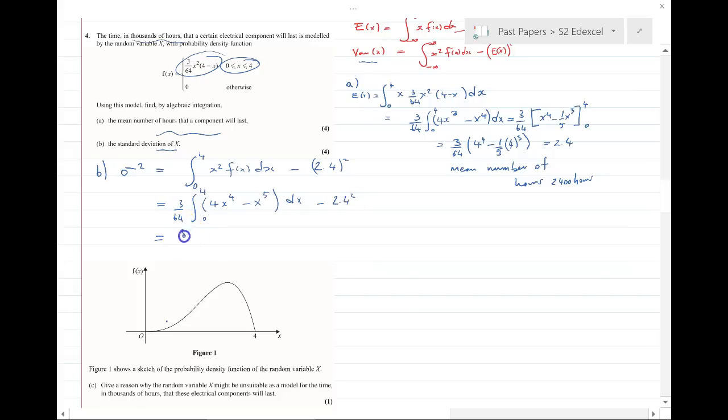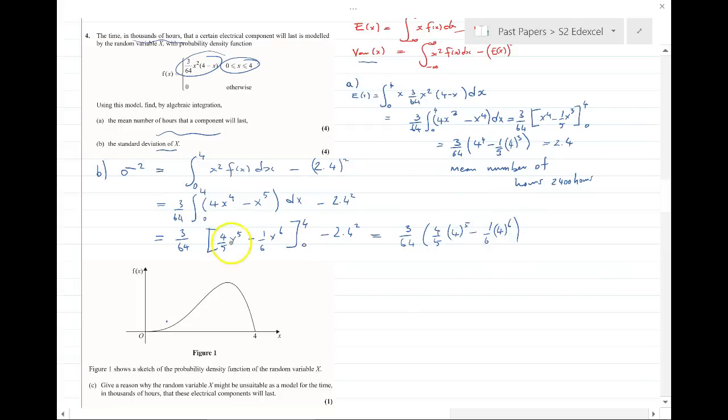So that will equal 3 over 64 times this integrated, which comes to 4 over 5, x to the 5, minus 1 over 6, x to the 6. From 4 to 0, take away 2.4 squared. So that equals 3 over 64 times 4/5 of 4 to the power of 5, take away 1/6 of 4 to the power of 6.